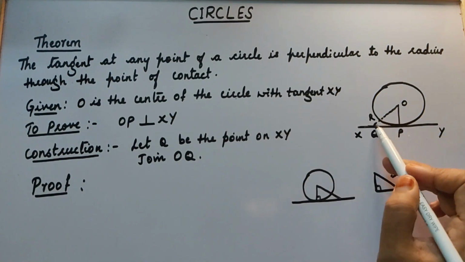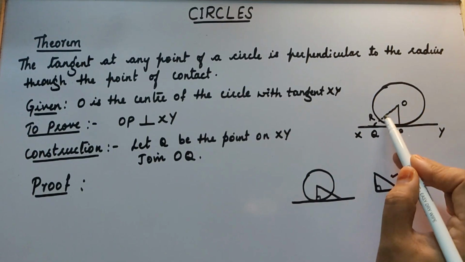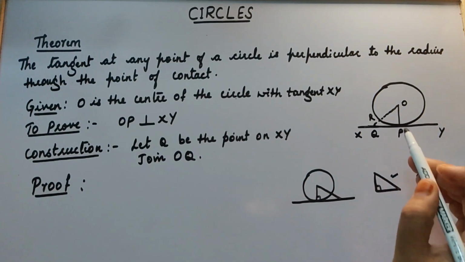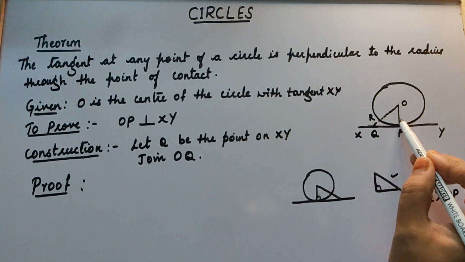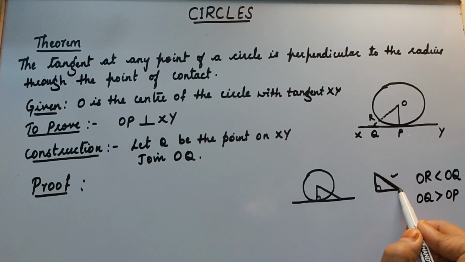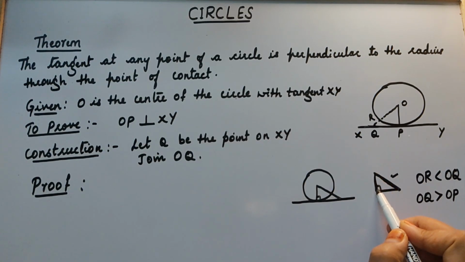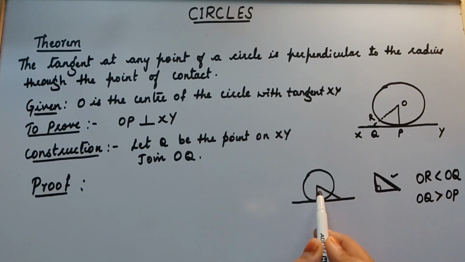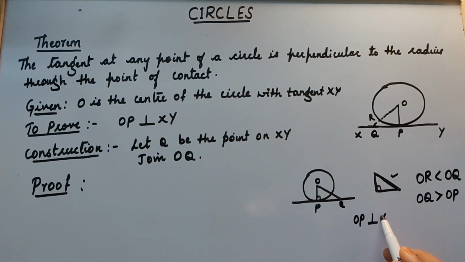In this way I can say that OQ is greater than OP. This line is much bigger than this one. So since OQ is greater than OP, I can say that OP is perpendicular to the line XY. I hope you students have understood this.